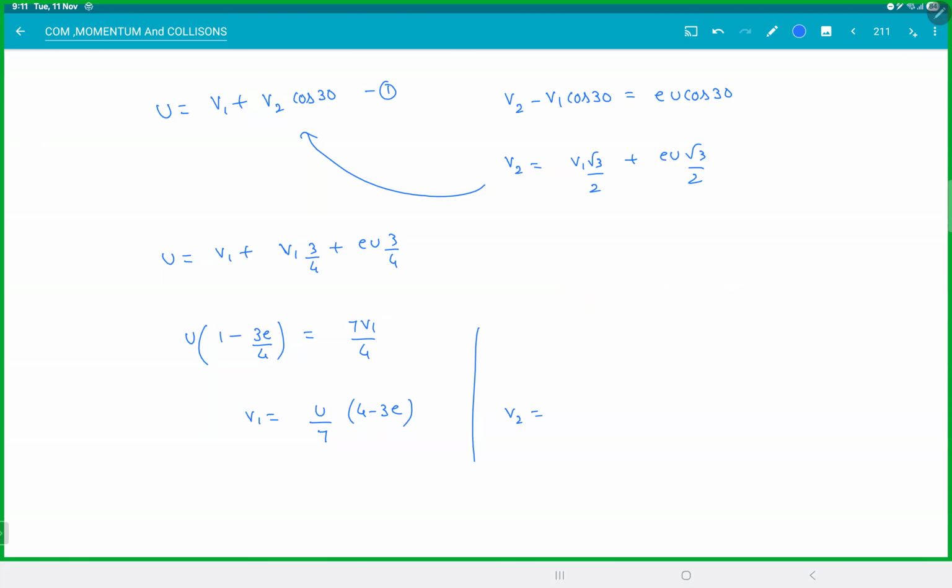And you can clearly see actually, since e is always less than or equal to 1, v1 is always positive. v1 always keeps going forward, obviously. v2, let's solve actually. u minus 4u by 7 minus 3eu by 7. That is 3u by 7, 1 plus e, 2 by root 3. I think you get something of this sort.